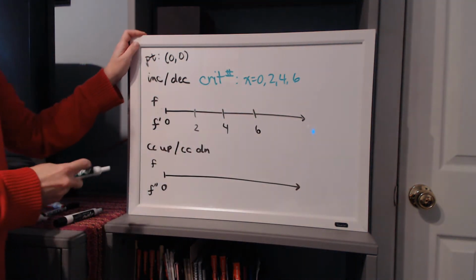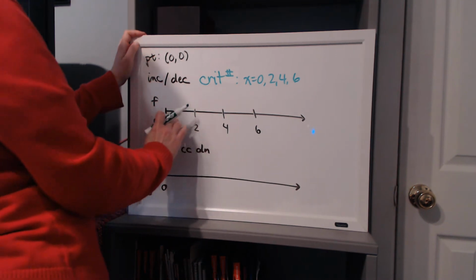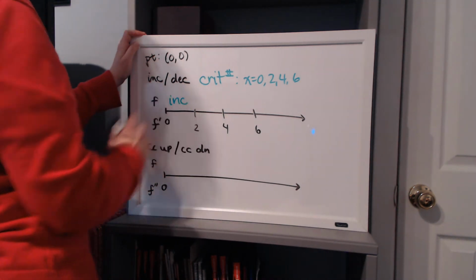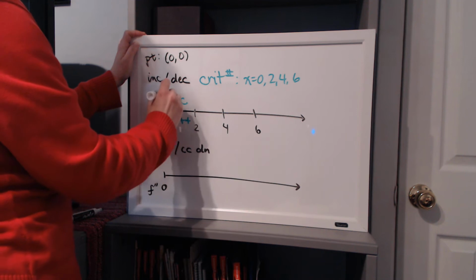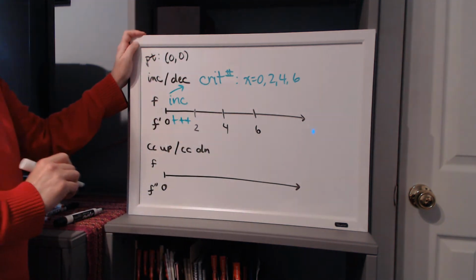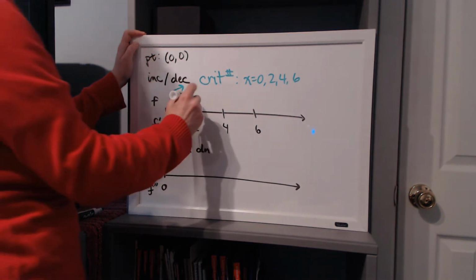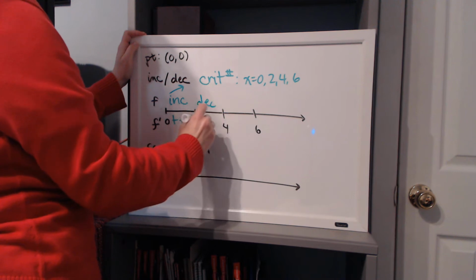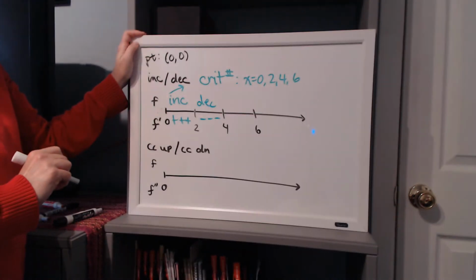Now we know that the function is increasing between 0 and 2 because we know the first derivative is positive there. And then between 2 and 4, that will be decreasing because the first derivative is negative in there.